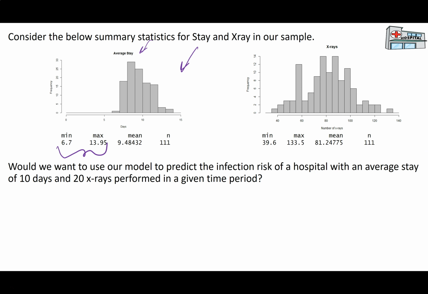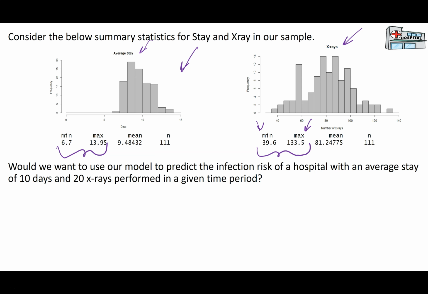That was all I observed. I didn't see anything lower than 6.7 days. I didn't see anything higher than 13.95 days. When looking at x-rays, it looks like I saw anywhere from 39.6, and this is an average, x-rays in that given time period to 133.5 x-rays in that time period.